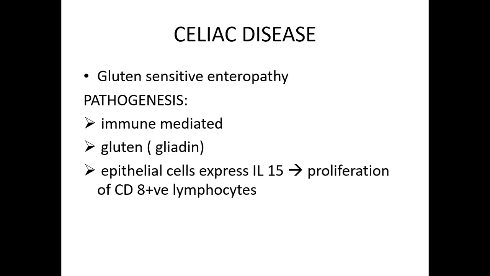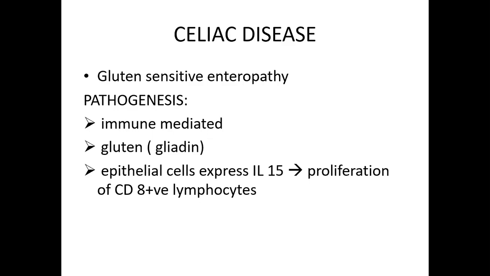Gluten is a cereal protein, and it contains gliadin, which is the culprit in this disease. Gliadin is the major component which produces celiac disease.